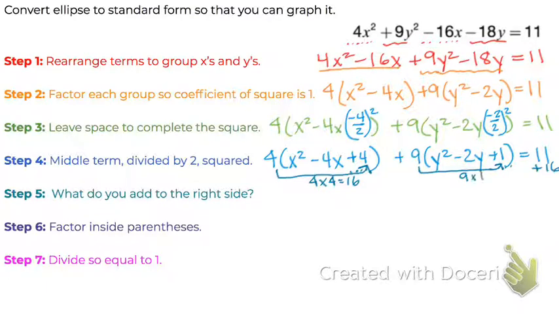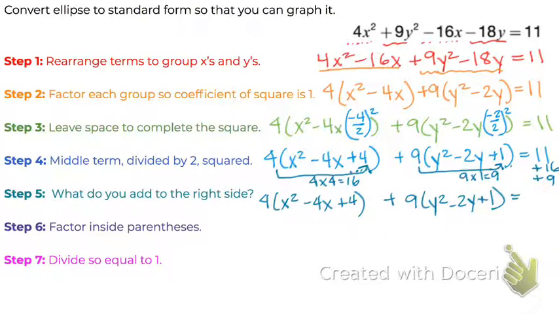We actually added a 9. So we need to add a 9 over here as well. So what we have is this and this. But on the right side, when we add the 16 and the 9, we have a 36.